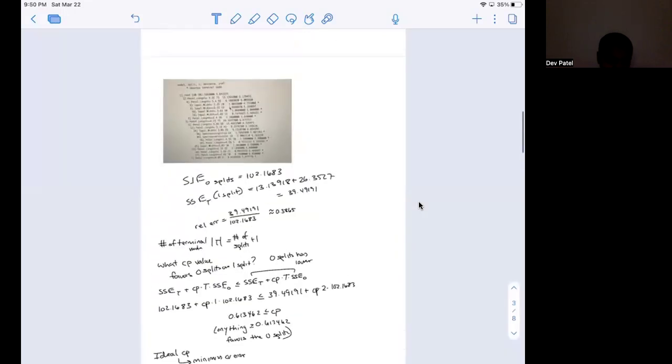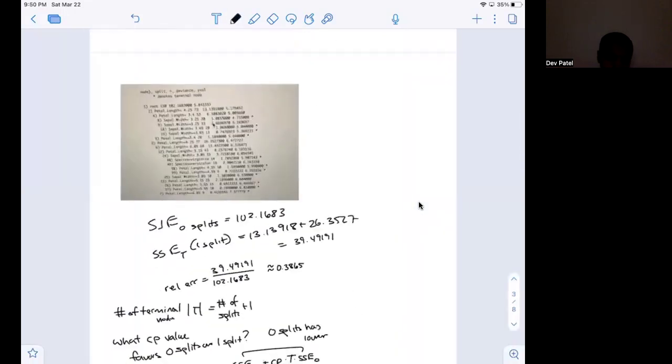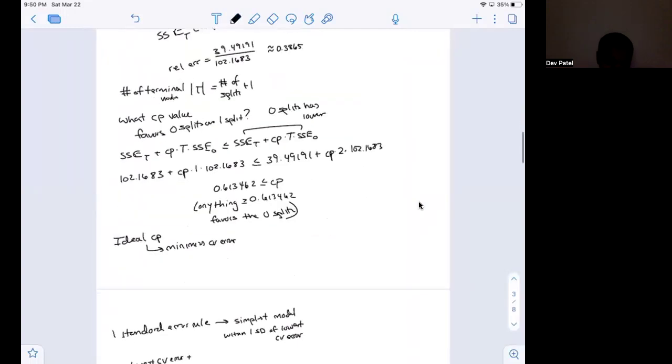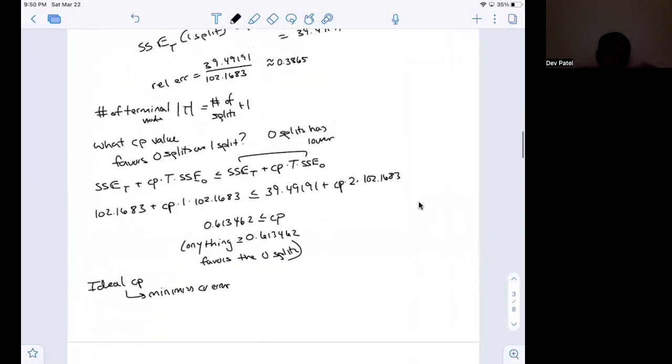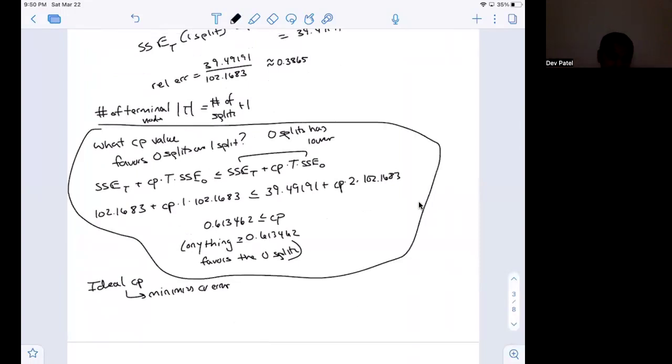You can see that in these tables here, where we even did an example: what is the cost complexity value for favoring 0 splits over 1 split. We set up an inequality, and we see that if the complexity parameter is greater than or equal to 0.61, then it will prefer a 0 split tree, or a tree with just one terminal node, over any other tree, right?